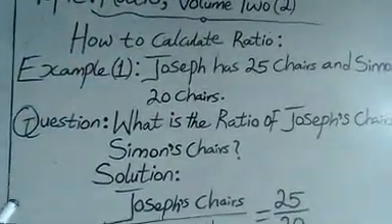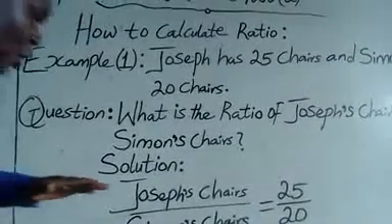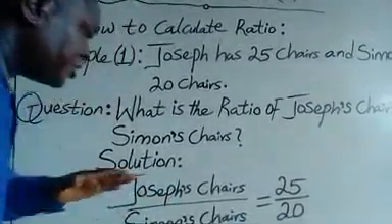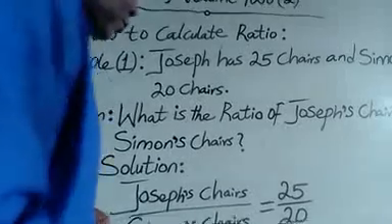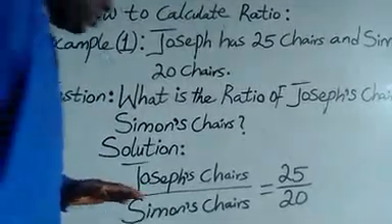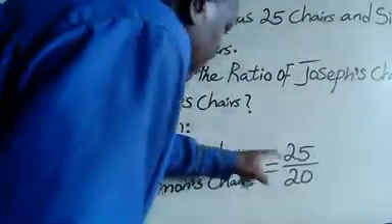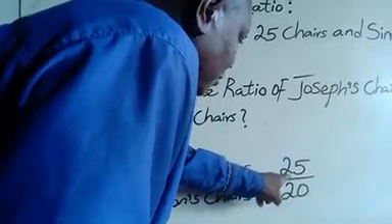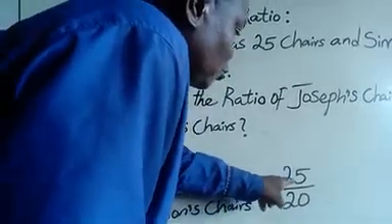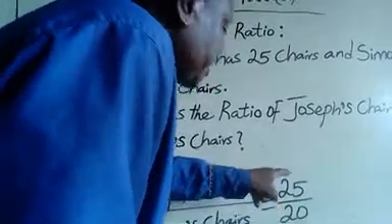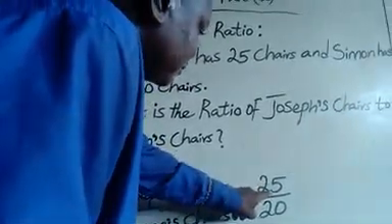Solution. Joseph's shares: he has 25 shares, as you can see.